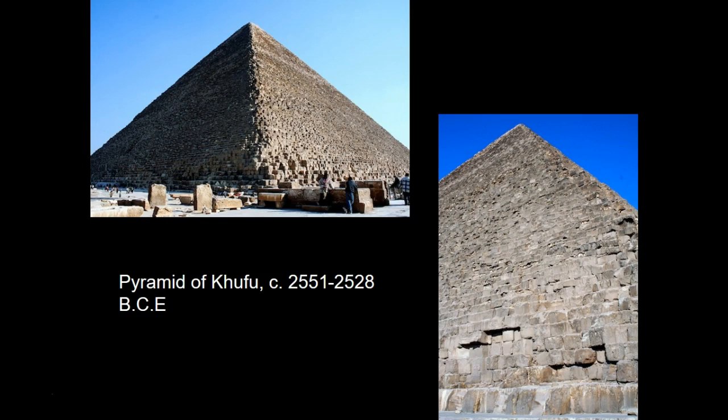The finer outer casing stones, which have long since been removed, were laid with great precision. These blocks of white Tura limestone would have given the pyramid a smooth surface and been quite bright and reflective.